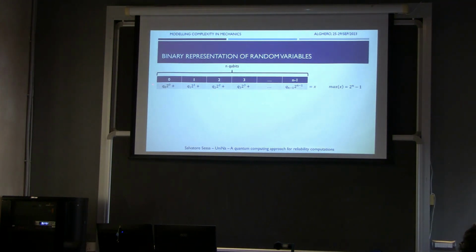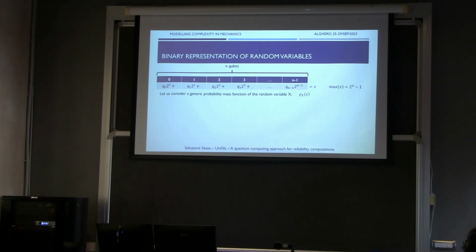So in general, we have this string, and the final integer number is equal to this sum here, where q0, q1, and so on are the states of each qubit, and then there are powers of 2.